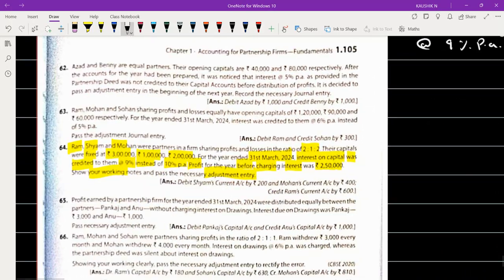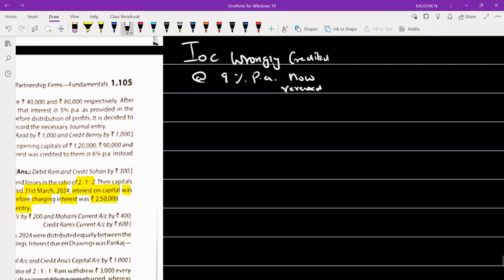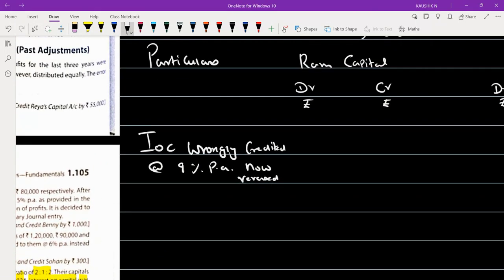So 3 lakhs at 9% is 27,000. Am I right? 3 lakh at 9% is 27,000. So that should be debited.